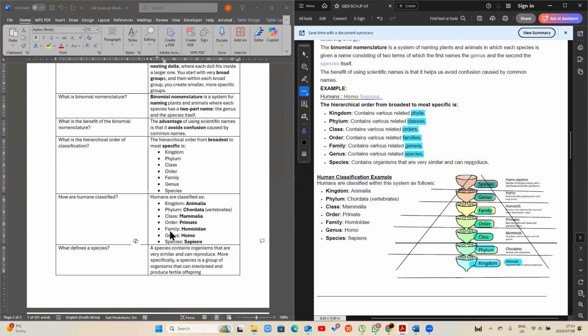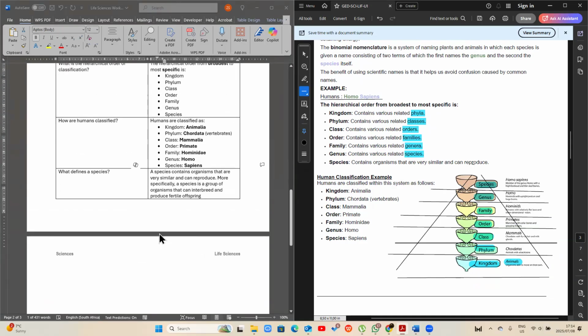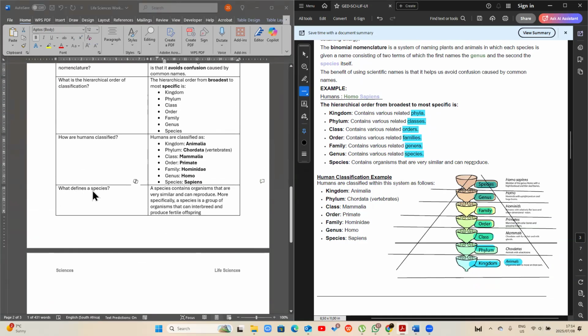Right. Last part. We also need to be able to understand exactly what a species is. And when we think about species, we need to remember that species contain living organisms. Each species needs to have living organisms that can reproduce with each other.